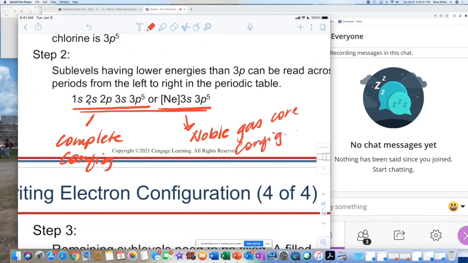This is a shorthand. So depending on what the question is asking you, you can provide the full configuration that shows all the electrons in the sublevel, or you can provide the shorthand configuration depending on what is being asked in the question.